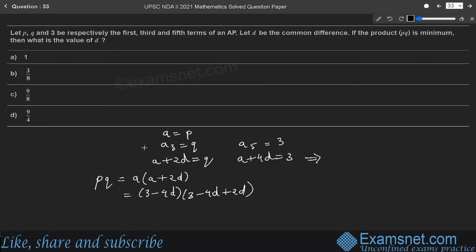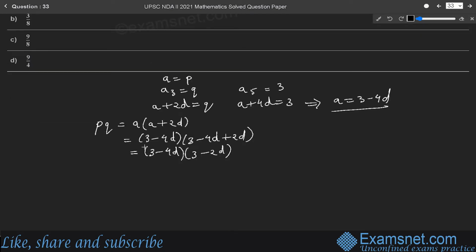See, a plus 4D is equal to 3. So a will be equal to 3 minus 4D. So this value of a is kept here. On further solving, it will be (3 minus 4D) into (3 minus 2D), which will be equal to 9 minus 18D plus 8D square.